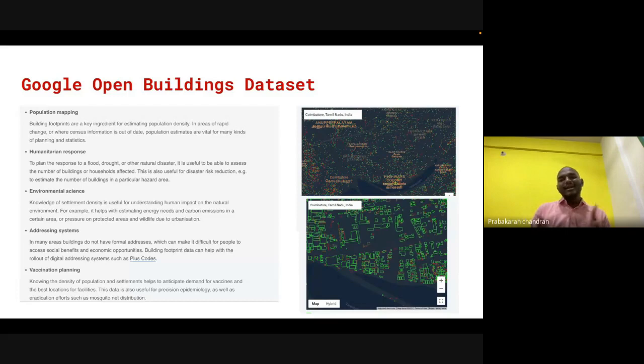And then by overlaying different kinds of information, like the remote sensed carbon monoxide or any emissions with this kind of buildings dataset, we can navigate to certain places. And also we can estimate the energy requirements, like which place would require more energy.